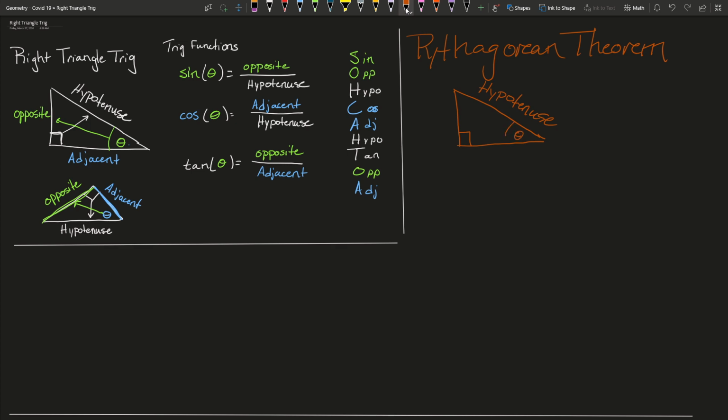And if we have this angle theta here, we'll call this side the adjacent, and this side the opposite.